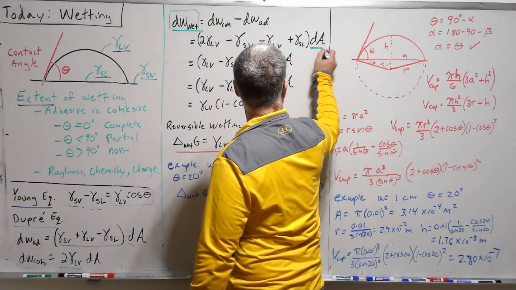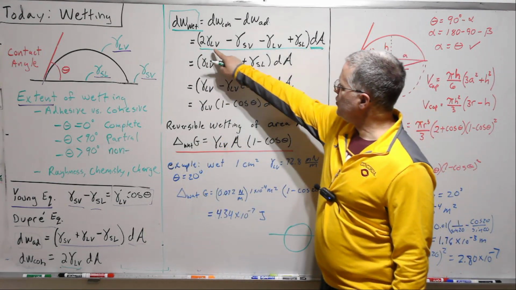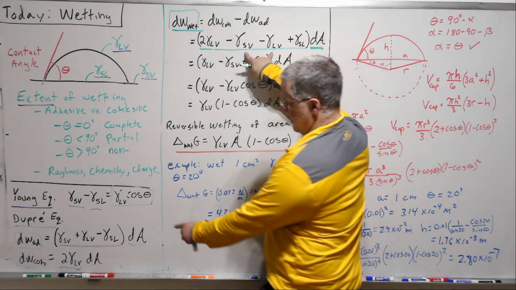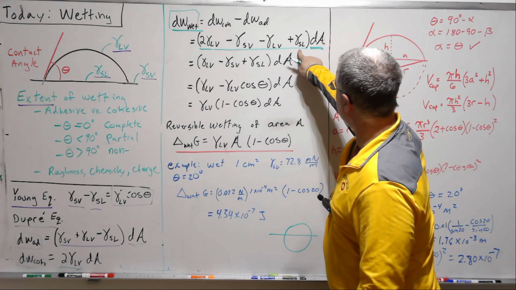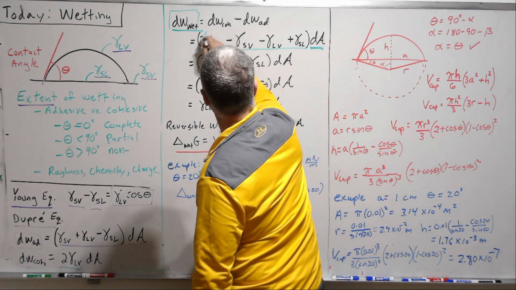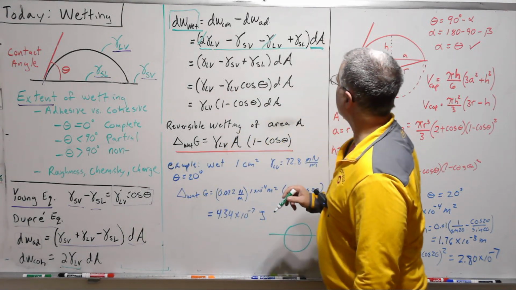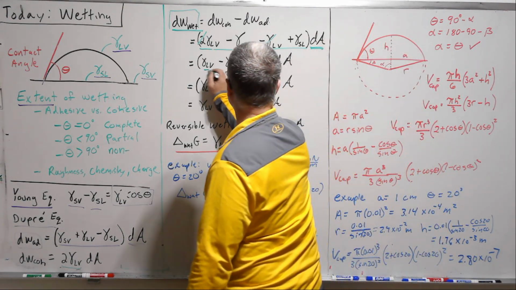So we have our dA coming along, and then we have the 2 liquid vapor then minus this. So this comes in minus, minus, plus. And then we can do some cancellation. So we can cancel one of those. And we're left with this.